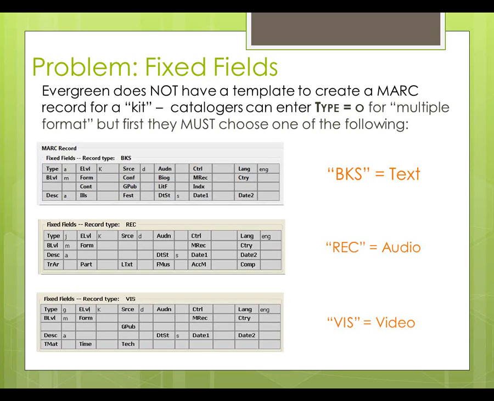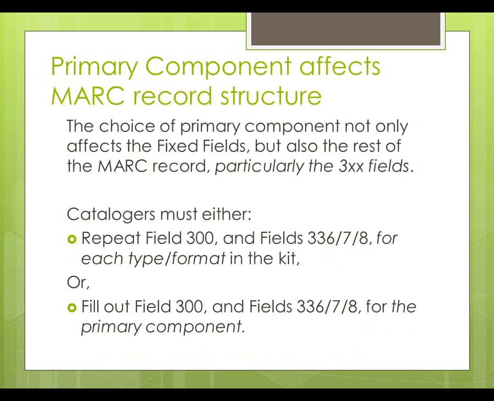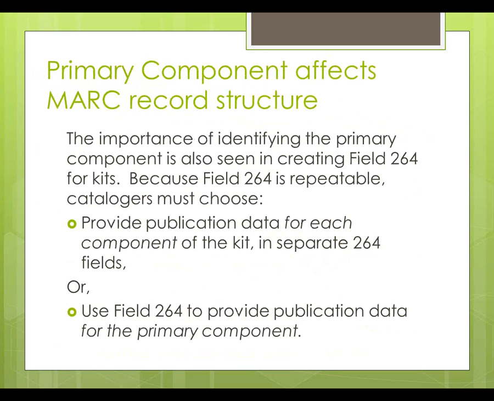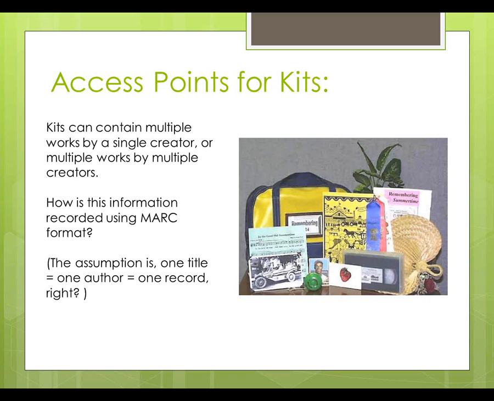However, according to the OCLC bibliographic formats and standards page, which is linked in the cataloging standards manual, there's also a letter code O that you can put, and letter code O just means more than one type.